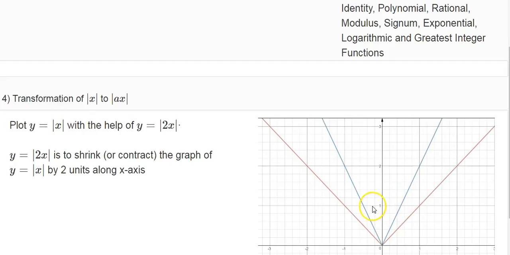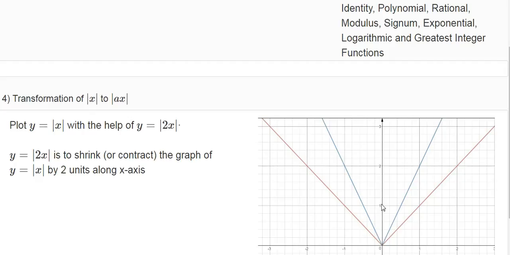Why has it become this much? Earlier for y is equal to 1 the value of x was 1. Now for x is equal to half only, the value of y has become 1. Again, like I mentioned in the last case, we would not remember in which case it would be shrunk and in which case it would be expanded.